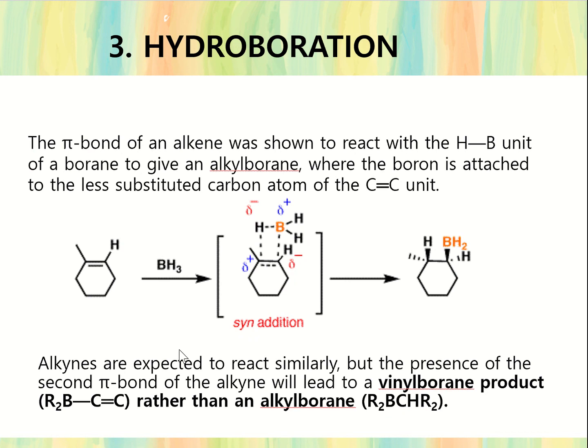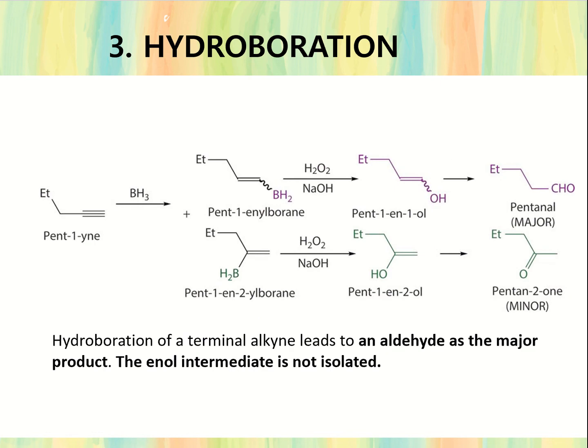And so alkynes are expected to react similarly, but the presence of the second pi bond of the alkyne will lead to a vinyl borane product rather than an alkyl borane, as we see here. All right, so let's look at the products of the reaction when we react borane with our terminal alkyne here, right?